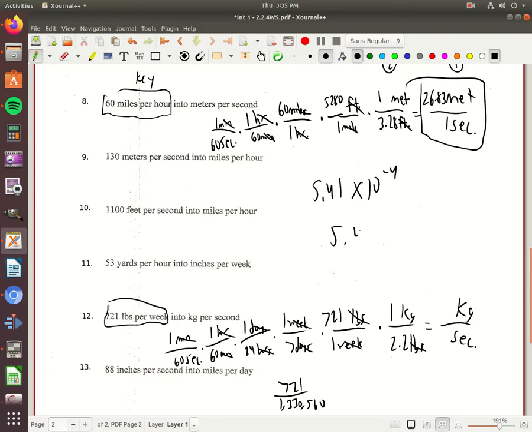So we're going to say 5.41, we're going to move this 4 places. 1, 2, 3, 4. I'm going to have to erase that kilograms. We're going to get 0.000541 kilograms per second. That's my conversion there.